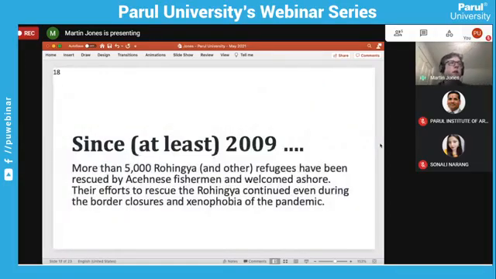So this is a story about the more than 5,000 Rohingya and other refugees. There are some Tamils in there too, and arguably some Iranian refugees that have been rescued by Acehnese fishermen and welcomed ashore. Welcomed ashore even during the border closures and xenophobia that struck many of us during the pandemic.